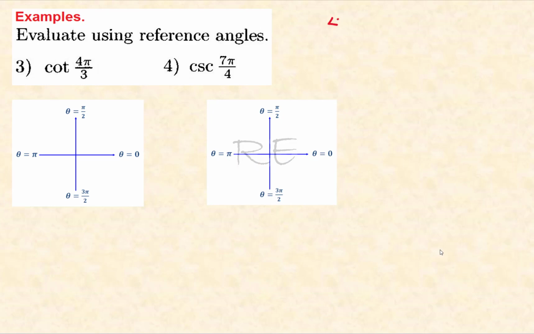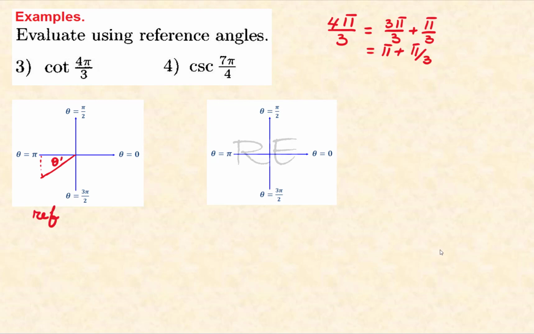Now we're going to use reference angles to evaluate cotangent 4 pi over 3. The angles are given in radian measure. 4 pi over 3 is really 3 pi over 3 plus pi over 3. Therefore, it's equal to pi plus pi over 3. This is a third quadrant angle.